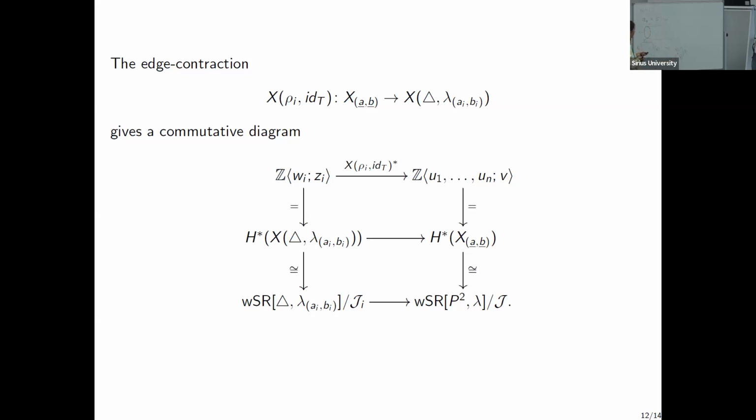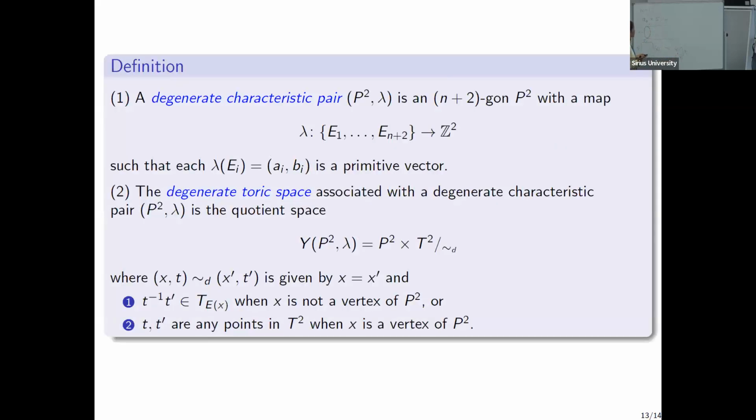In order to fix such a problem, we generalize the definition of a toric orbifold in the polygon case. We call it a degenerate characteristic pair associated with a polygon. So in this case, for the function from the edges to the 2-dimensional lattice, we do not require the linear independence condition. We only require AI, BI to be primitive vectors.